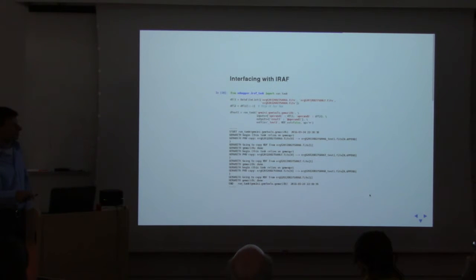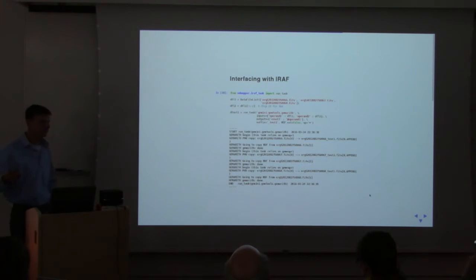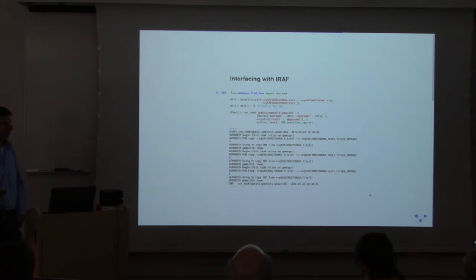Gemini IRAF tasks are aware of MEF files and know what to do with them, but if you have an IRAF task which isn't, like IMARITH, then it can also loop over the FITS extensions for it and add them one by one as long as they match up.